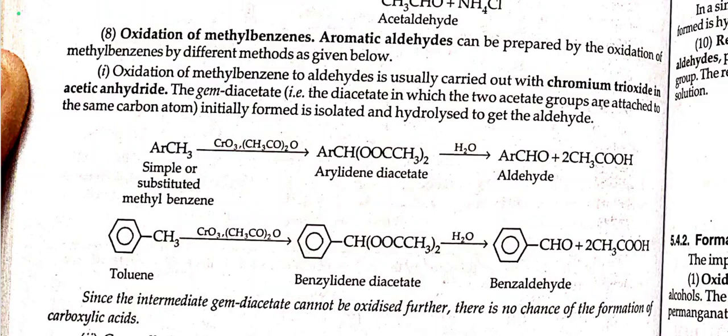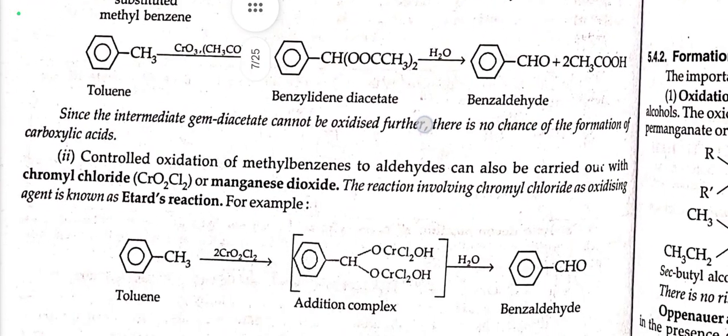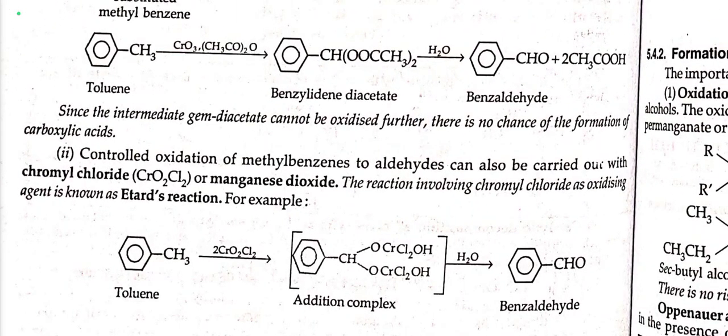First, oxidation of methylbenzene to aldehydes is usually carried out with chromium trioxide in acetic anhydride. The gem diacetate initially formed is isolated and hydrolyzed to get the aldehyde. Since the intermediate gem diacetate cannot be oxidized further, there is no chance of the formation of carboxylic acid.